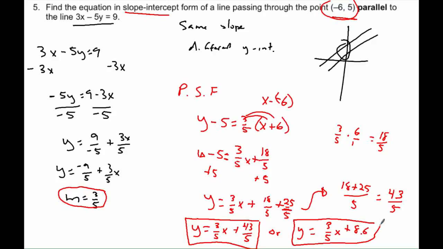Either one is fine because this is what we're looking for. Both of these lines are parallel to each other. They have the same slope but different y-intercepts. All right, that's how you do that one. Let's move on to the very last one.